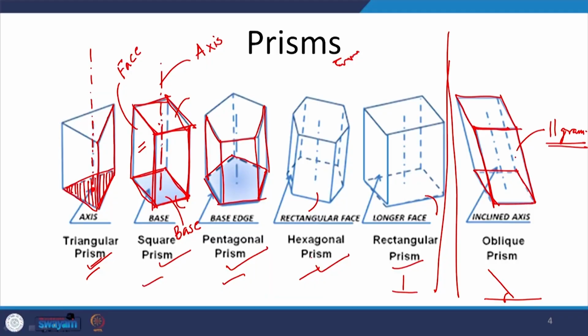These are the different types of prisms, but one thing here: what would a cube be called? Is a cube a prism? A cuboid, is it a prism? Yes, they are prisms, they are polyhedra. If we look at the cube here, we have a square base, we have a top base, there is an axis which is perpendicular, and each face is a rectangle, but in this case the height of this prism is equal to the side of the base.